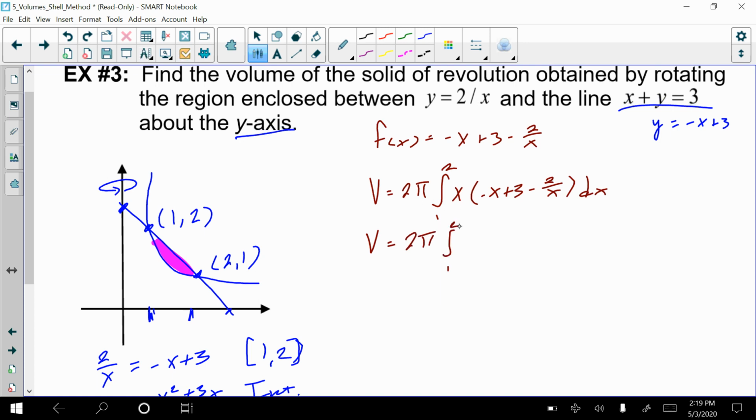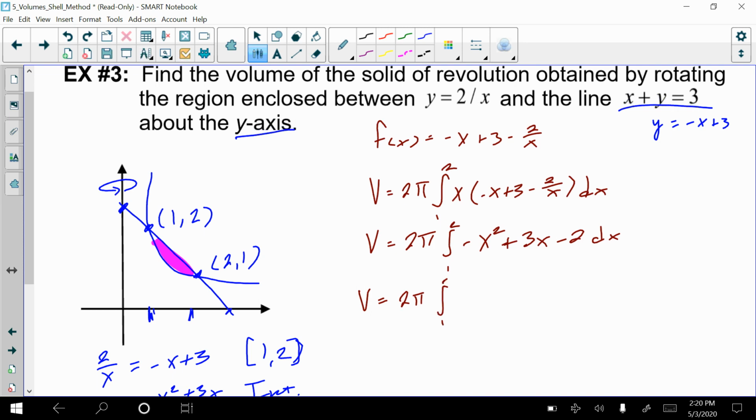From 1 to 2, we get negative x squared plus 3x minus 2, all of it times dx. And the integrand has been simplified as far as it's going to go.